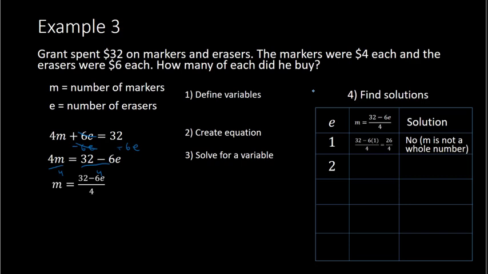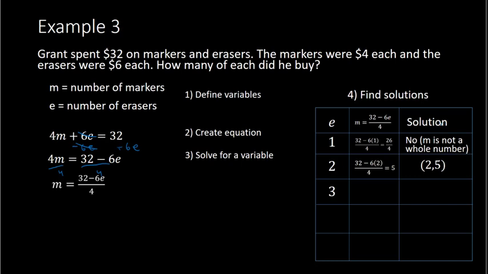So let's plug a 2 in. Now we have 32 minus 6 times 2 over 4. So plug the 2 in for e. Now we have 32 minus 12 over 4. So 32 minus 12 is 20. 20 over 4 is 5. So this would be a possible solution because erasers is 2, markers are 5. That is a possibility because both are whole numbers.